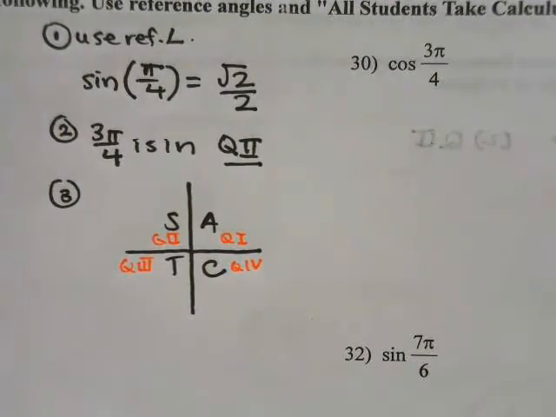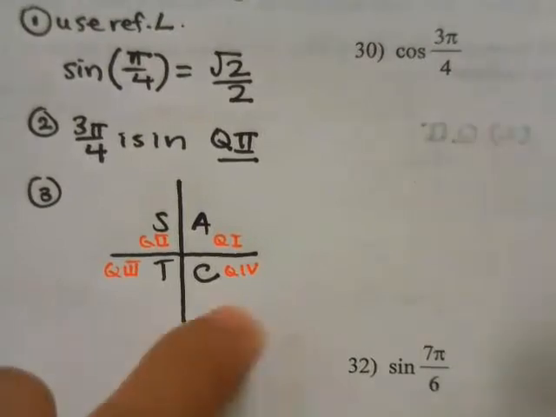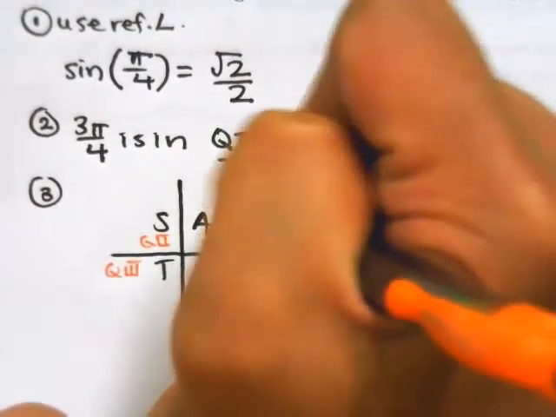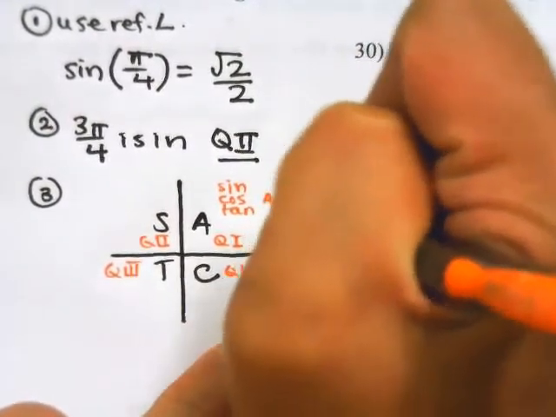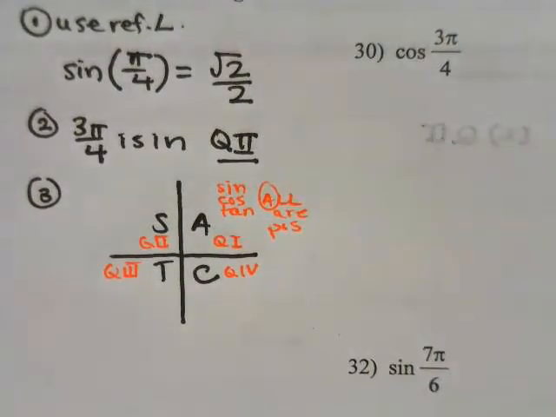What this means is that A in quadrant 1 means sine, cosine, and tangent are all positive. We will deal with the other three a little bit later on the second review.